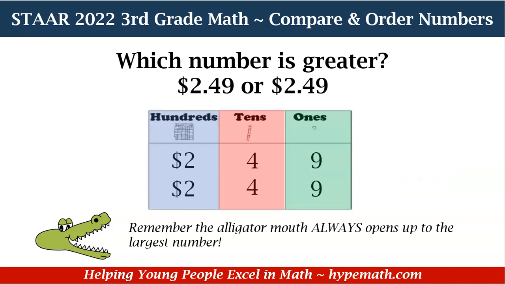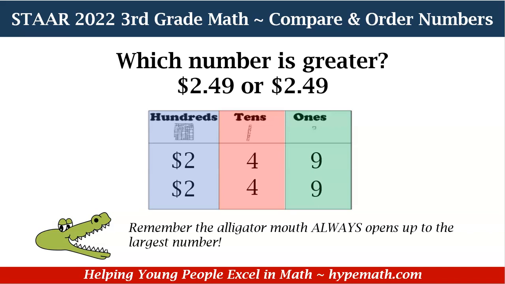Which number is greater, $2.49 or $2.49? Well, we see that for both numbers, we wrote the numbers down, lined them up with the place value. We're going to start with the left-hand place value, which is the hundreds place, okay?